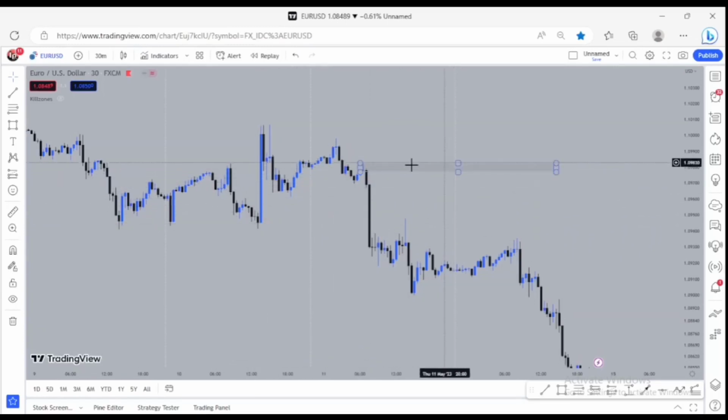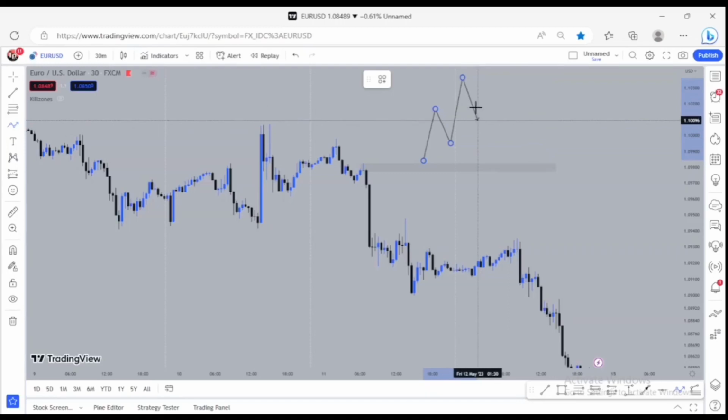We have the reversal zone, called the change of character zone, which you trade at the higher highs and higher lows, where the market reverses. What I mean is that the market is going up, higher highs, higher lows, higher highs.